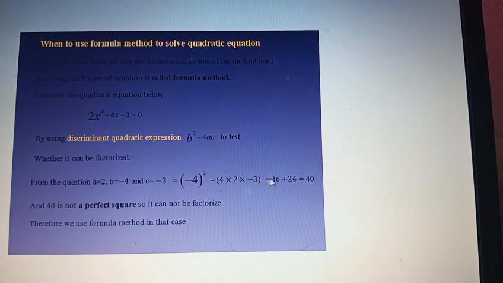Minus times minus will be plus, so 16 plus 24 is equal to 40. And 40 is not a perfect square, so it cannot be factorized. Therefore, we are going to use formula method in this case.